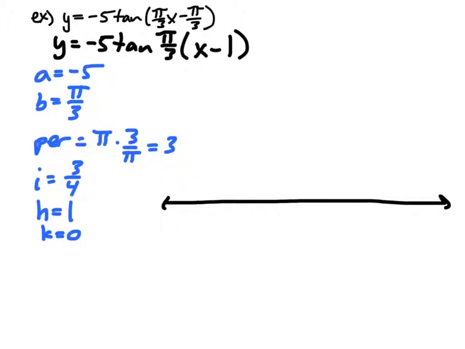Okay, and my very first point that I'm going to write down is my h. So here at 1. Now I know that 2 increments to the right and 2 to the left, what occur there? Asymptotes.